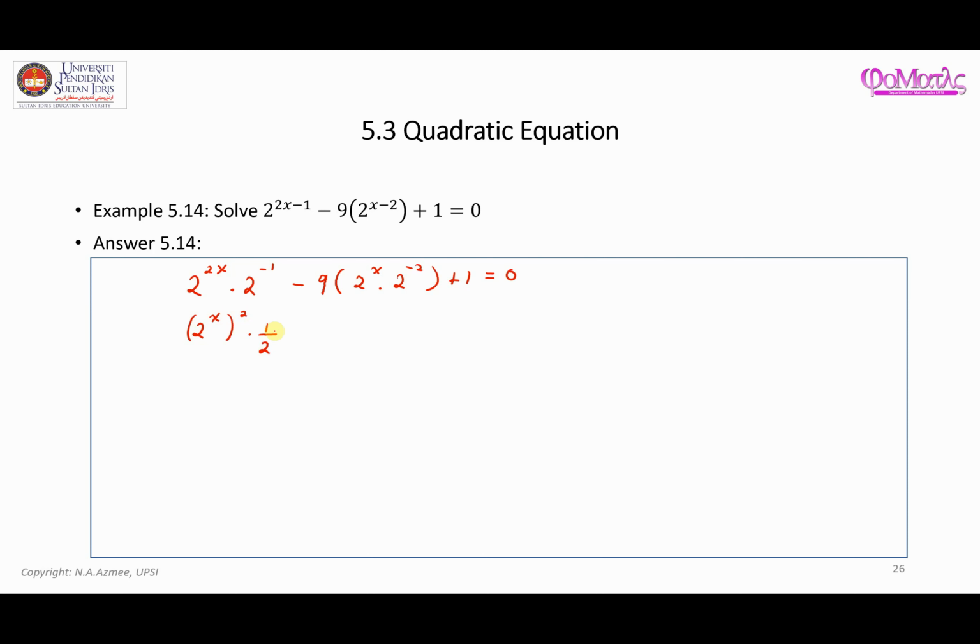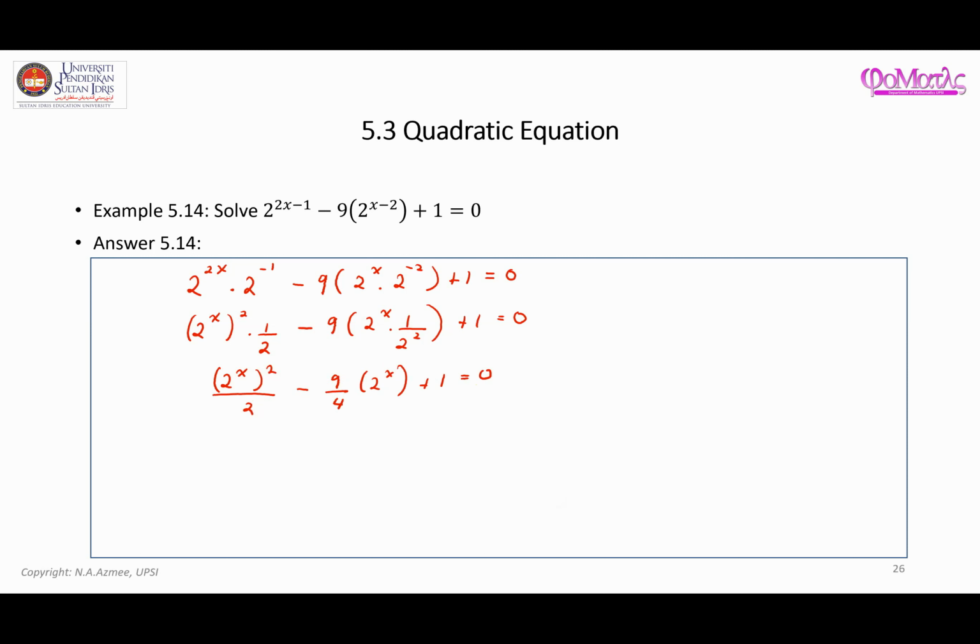Yeah, so 2 to the power of -1 is just 1 over 2, minus 9 times 2 to the power of x times 1 over 2 to the power of 2, plus 1 is equal to 0. So next I have 2 to the power of 2x over 2 minus 9 over 4 times 2 to the power of x plus 1 is equal to 0.